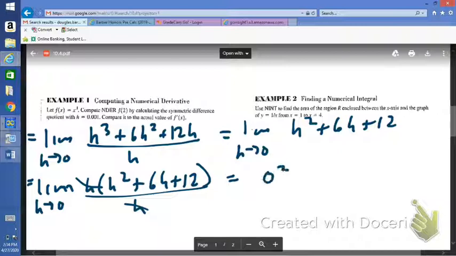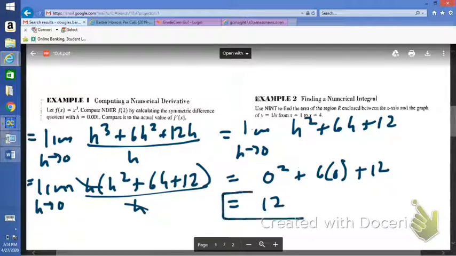So 0 squared plus 6 times 0 plus 12, and that's going to give us 12. Alright, so f prime of 2 equals 12.